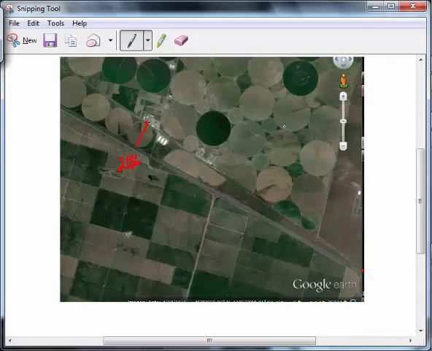I'm on number 10, and we want the distance from O to P. This distance right here, from here to here, is about 11,350 feet.